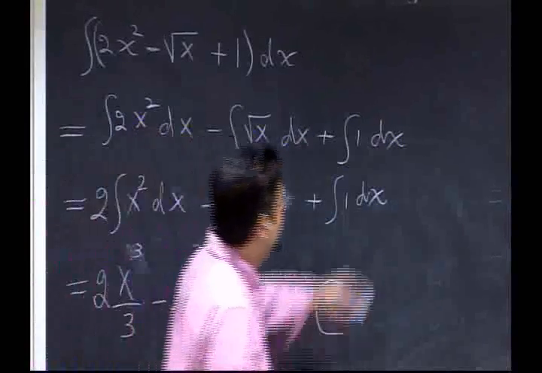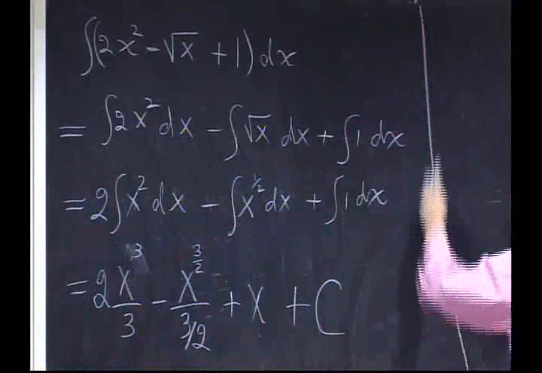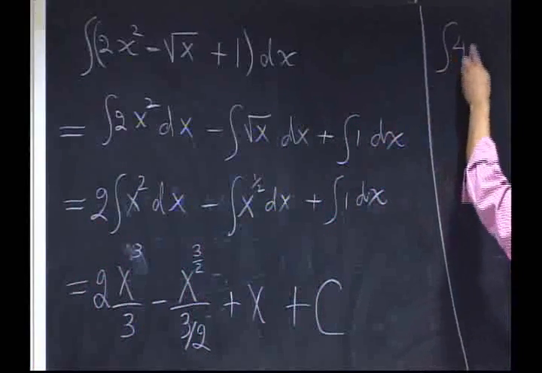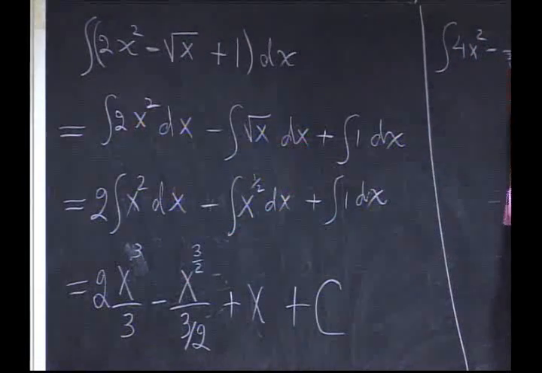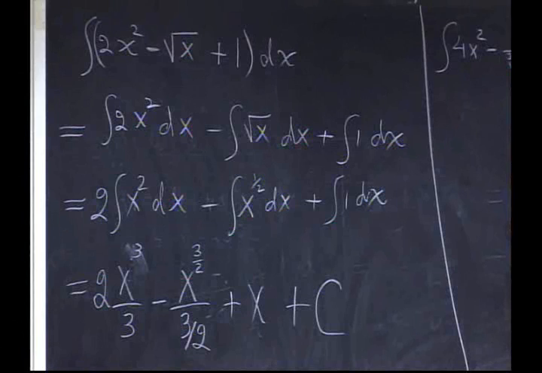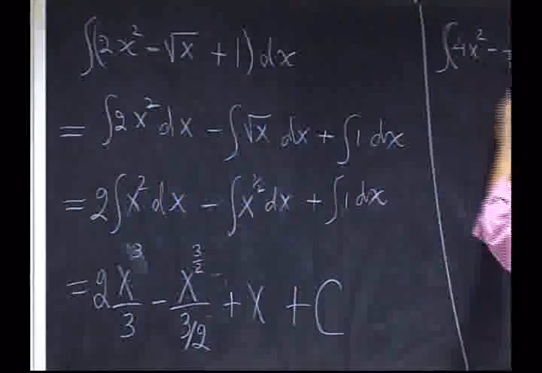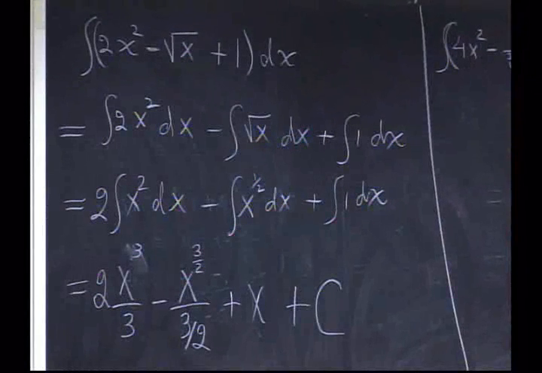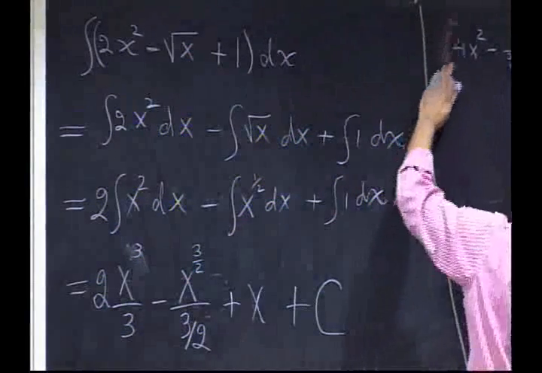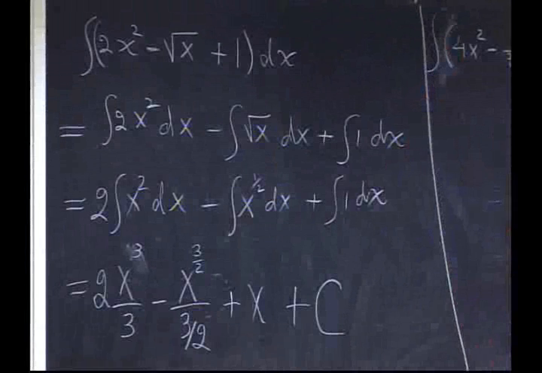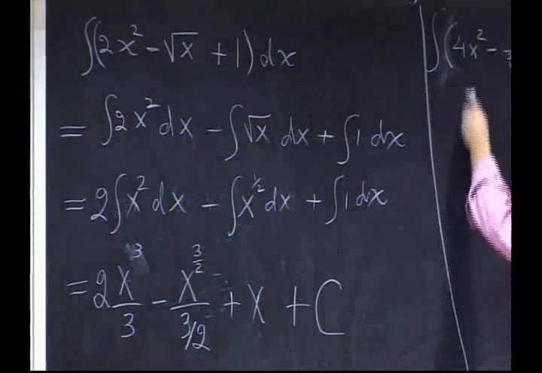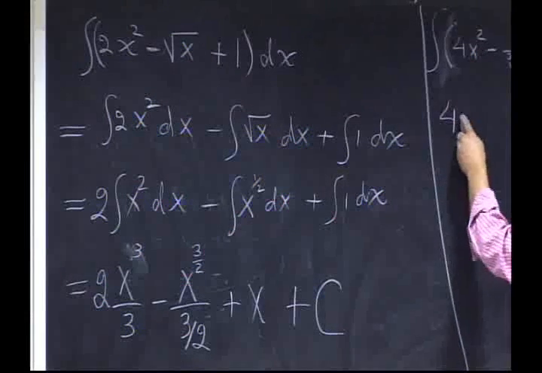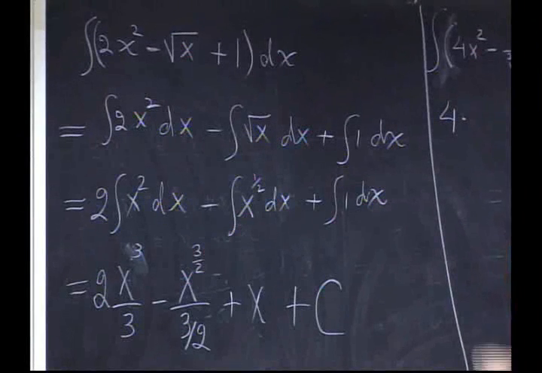As a matter of fact, when we do problems like this in practice, I don't have to show that I'm breaking up the integral into separate integrals. I could just come up with the antiderivatives directly. So you can take the constant as a constant multiple.